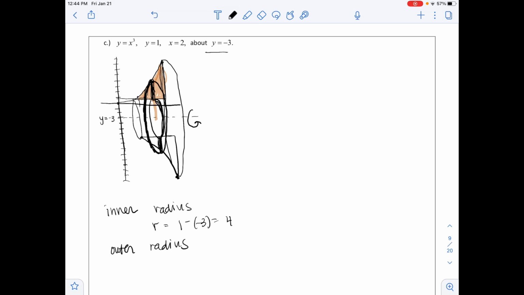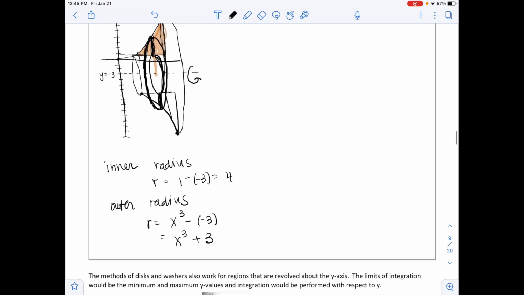The outside part that we're rotating around is going to be defined by x to the third, and it's adjusted around that line that we are rotating about, which is -3. So we need to do minus -3. And so our outer radius is going to work out to be x cubed plus 3.